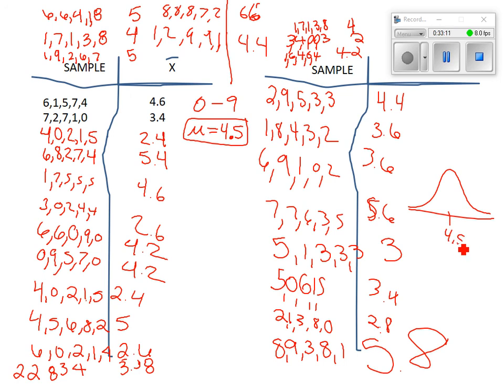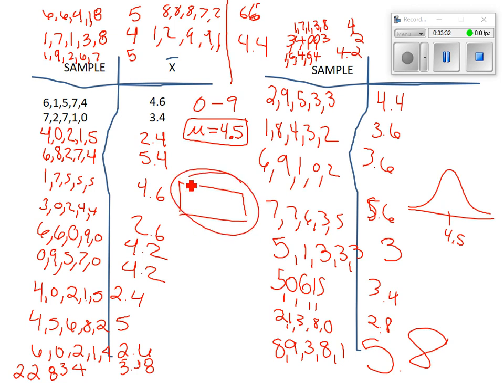Now, if we were to do the probability distribution of 0 through 9, it's not going to give us a normal curve. It's going to give us a curve that looks like that, because what's the chance of picking 0? Same as picking 1, same as picking 2, same as picking 3, and so on.